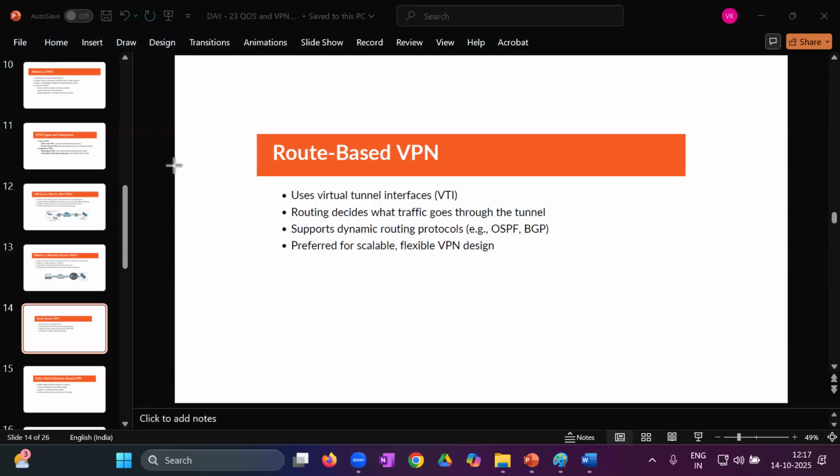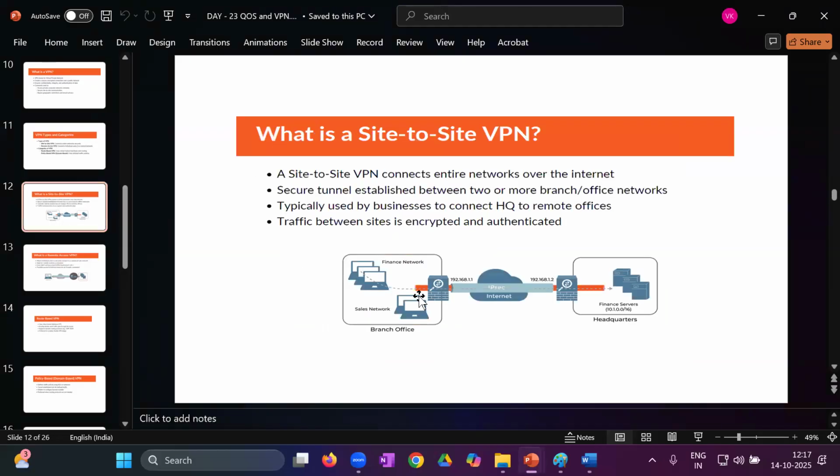And your traffic will flow through that particular private tunnel that you have created, instead of flowing through the actual path that it should take. So that's why in that case, it is going to have this type of connectivity. Site to site.